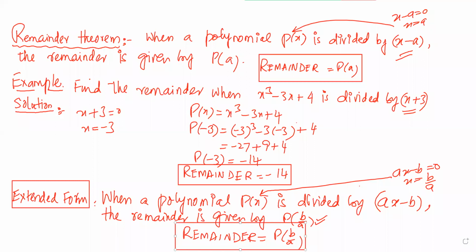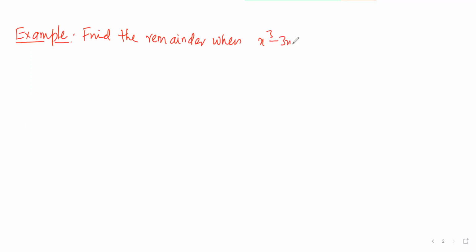Example: find the remainder when x cubed minus 3x plus 4 is divided by 2x plus 3.